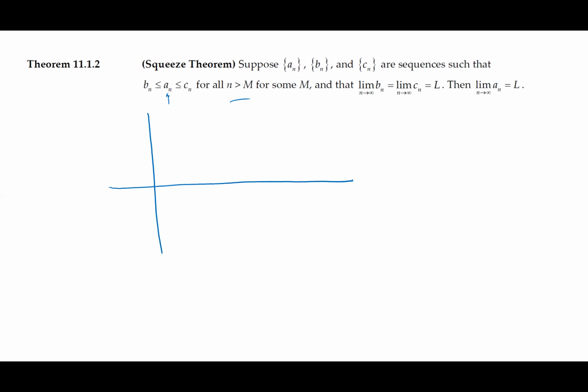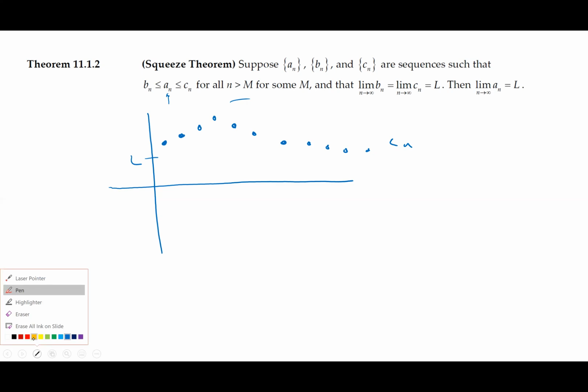Let's say that here is, I'll call this my L. Blue will be my c_n. And I don't know, let's make black my b_n.